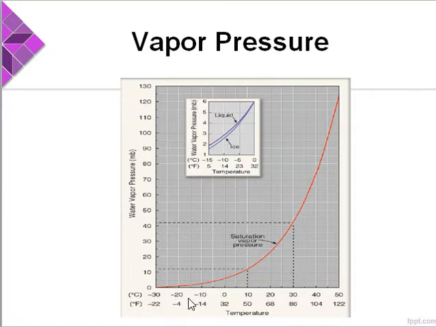At a temperature of 10 degrees Celsius, the saturation vapor pressure is about 12 mb, whereas at 30 degrees Celsius, the vapor pressure is 42 mb.